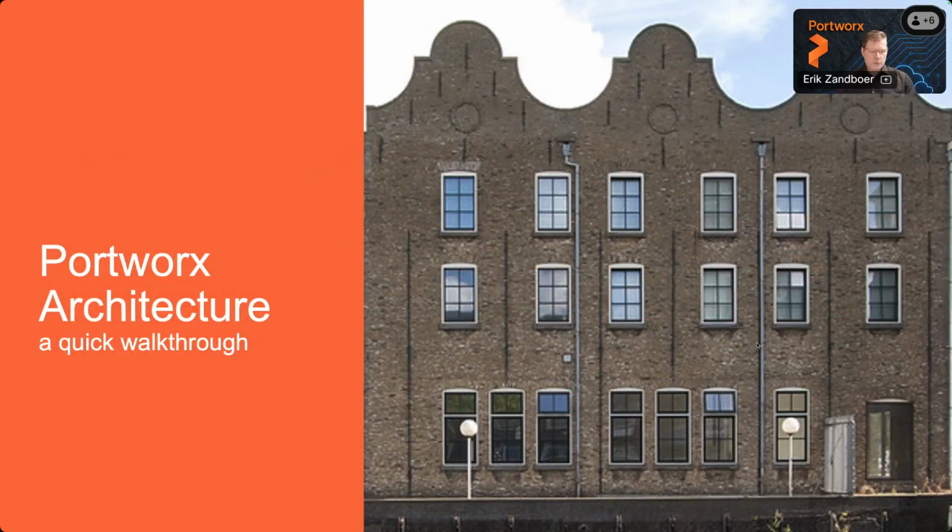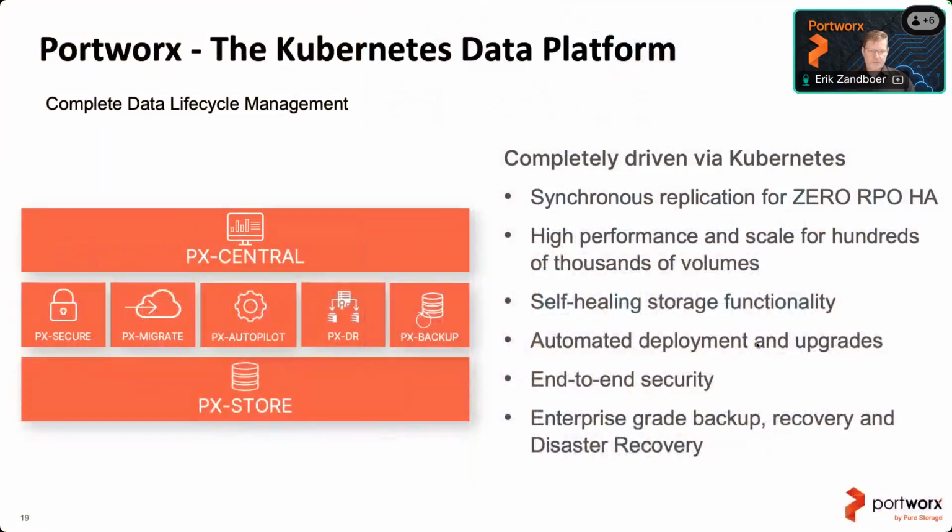So how does Portworx work in detail? It's built around several products. The one on the bottom, PX Store, that is basically the software-defined storage. Then we have other features, like PX Backup, if you want to perform backups of the environment. We have PX DR, which will take care of DR scenarios for you. We have Autopilot that allows you to auto-scale. So as you fill up things, Autopilot will automatically grow it.